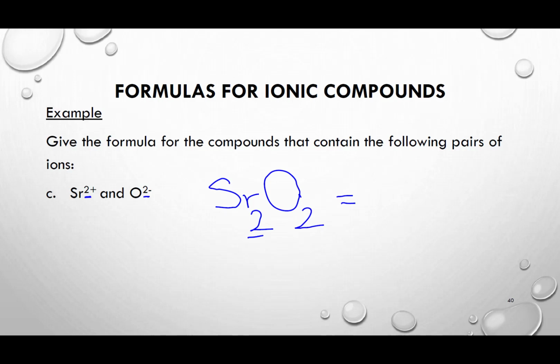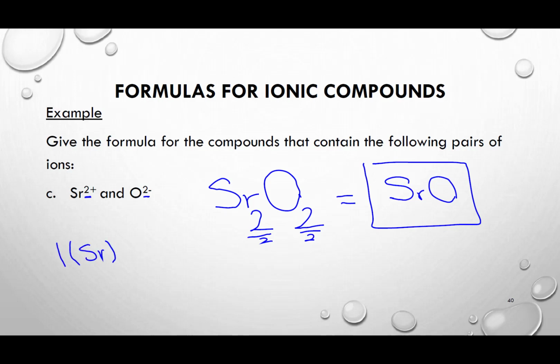Then you're going to divide everything by 2, right? It becomes SrO. This is the chemical formula for this ionic compound. You could double check it to make sure the sum of the charges is 0. This compound consists of 1 strontium plus 1 oxygen.